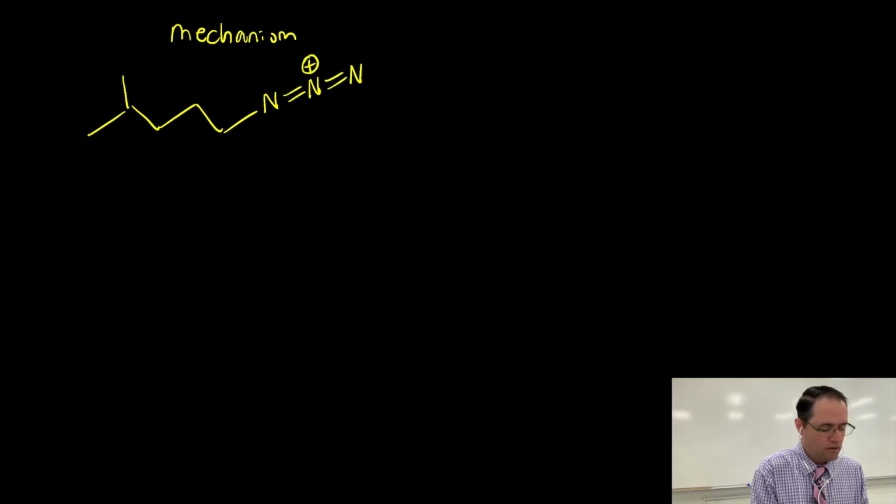The mechanism for the reduction looks like this. Okay, so let's draw our little molecule out there, and let's draw the azide group or the azido group. So here's the plus and here's the minus. Let's draw in some lone pairs here. Okay. So again, I just abbreviate that N3.